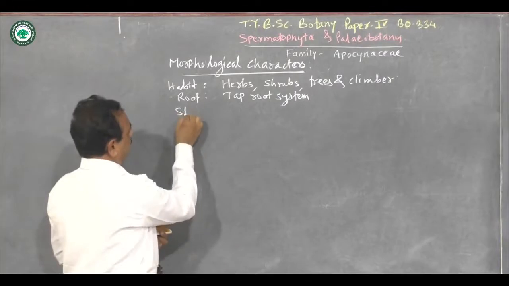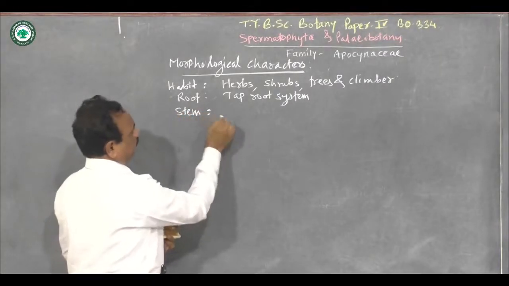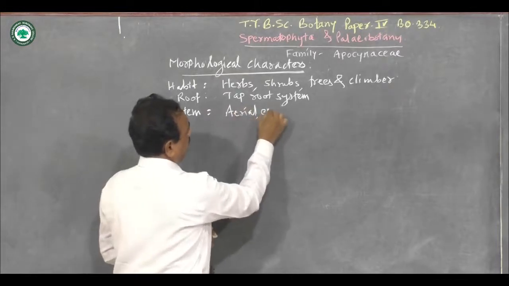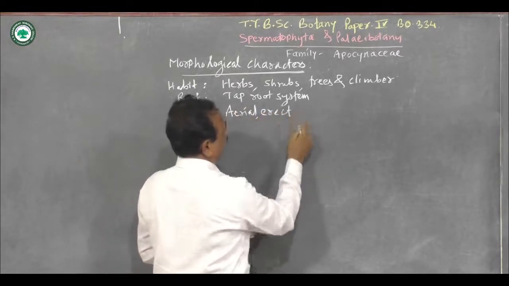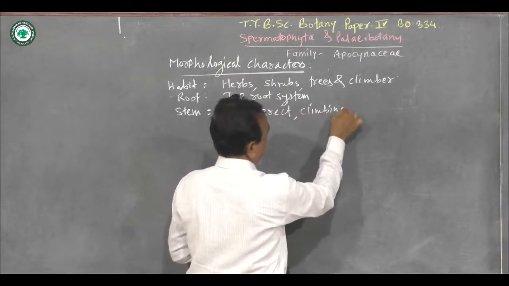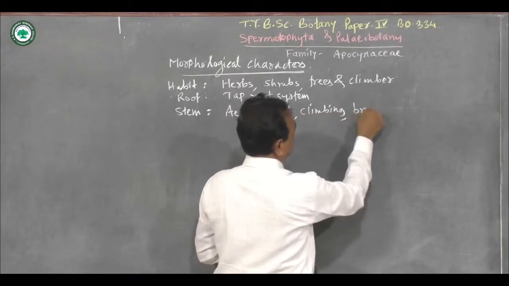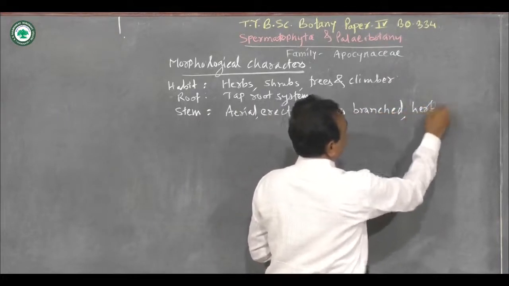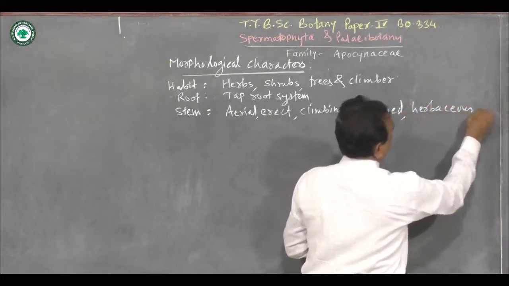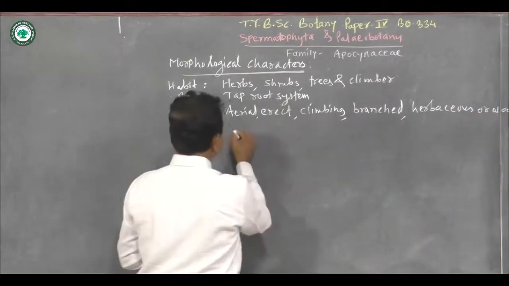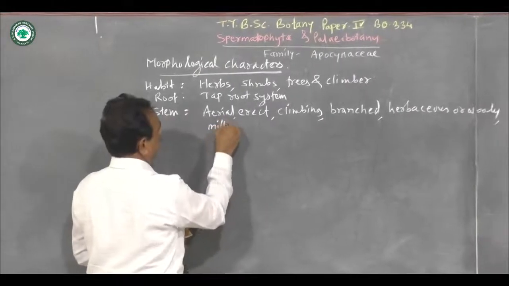If we see the stem, it is aerial, erect or climbing, branched, herbaceous or woody, and with milky latex.